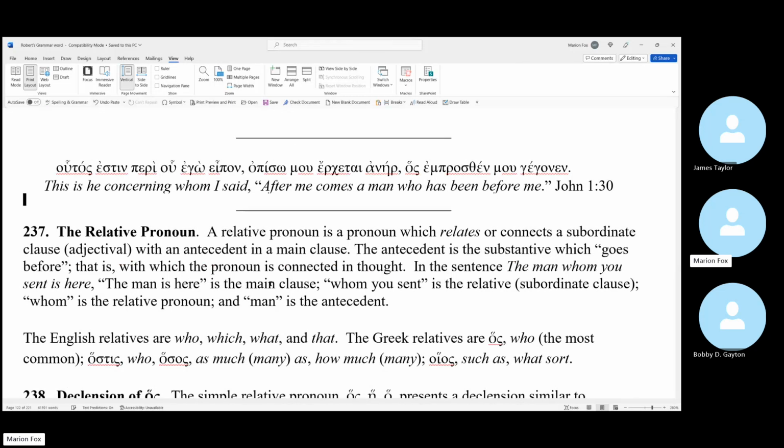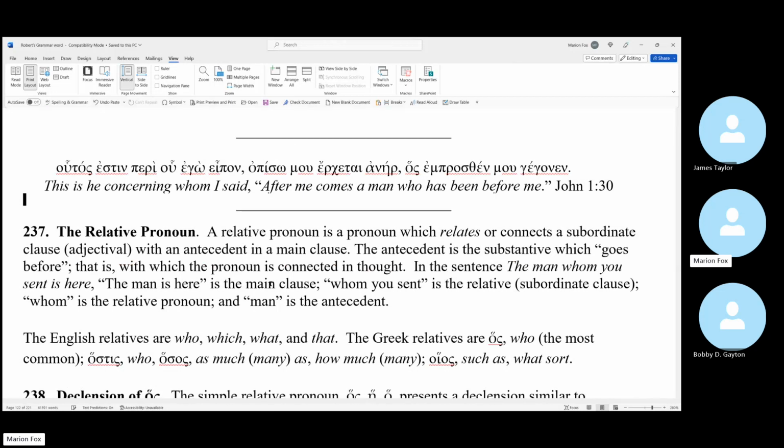In the sentence, the man whom you sent is here, the man is here is the main clause. Whom you sent is the relative clause, a subordinate clause. Whom is the relative pronoun in English. The man is the antecedent. That's an English illustration.